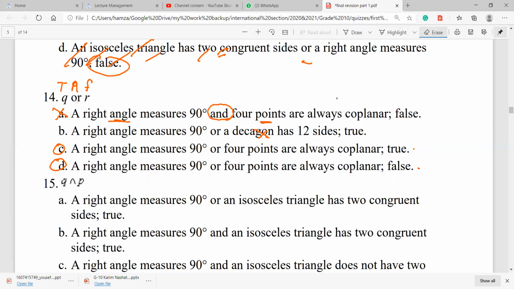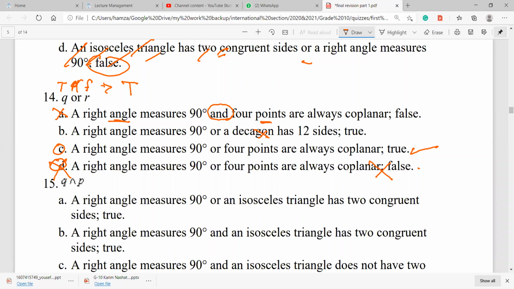When we work with "or", it is always true, except when both of them are false. So this one will be true, and this is wrong, guys. So my choice will be C. Okay, guys?